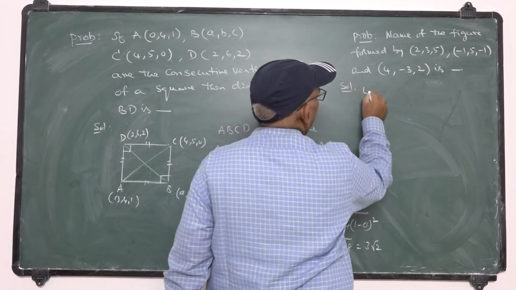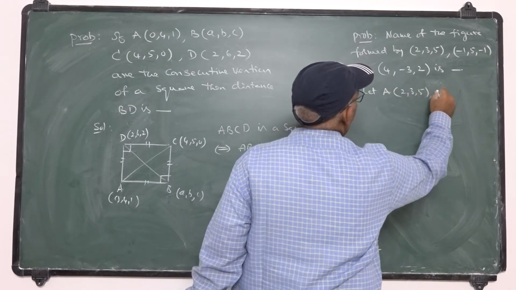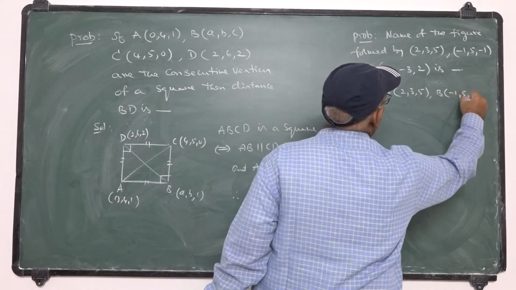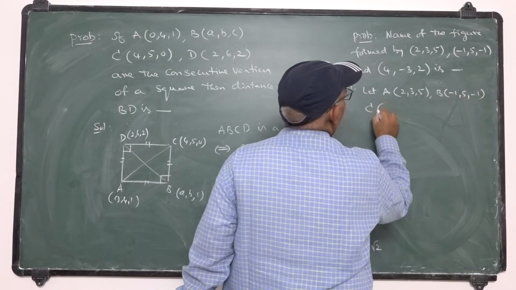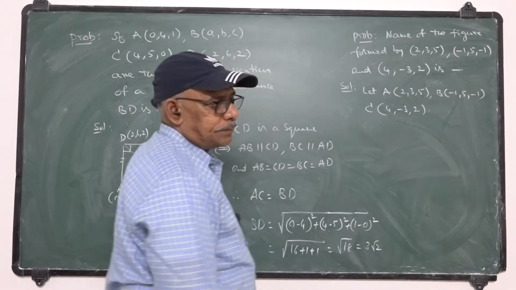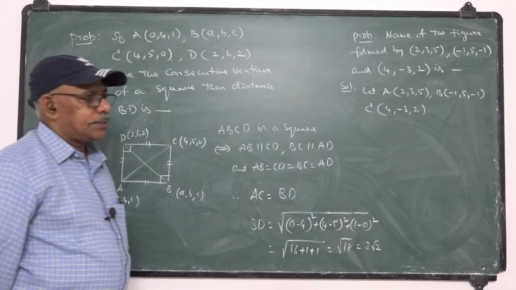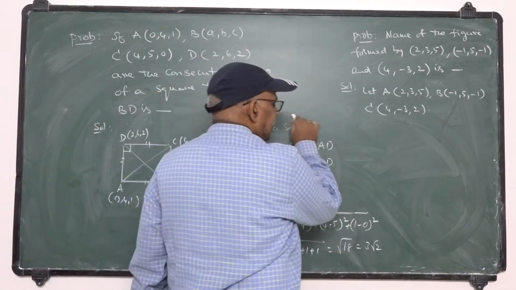Here let A be the point (2, 3, 5), B be (-1, 5, -1), and C be (4, -3). To name the figure formed by these 3 points, let us consider the distances.